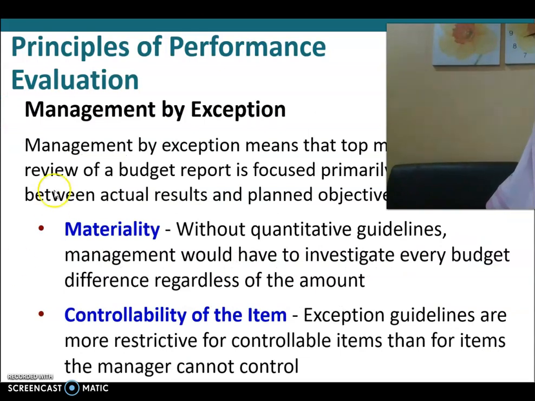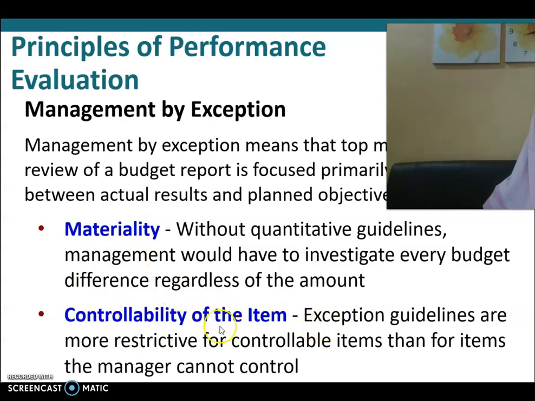For management by exception, you will look into the materiality of the item. Materiality basically means the importance of that item. Without quantitative guidelines, management would have to investigate every budget difference regardless of the amount. So you focus on materiality: only if the item is material or important do you put your attention there.